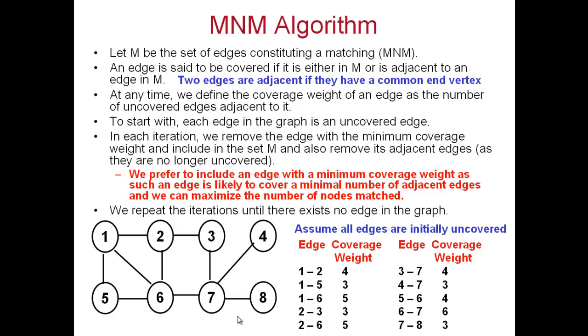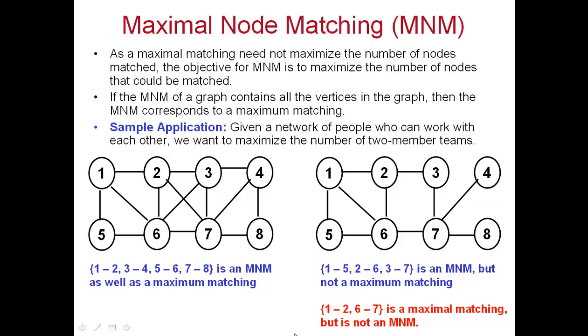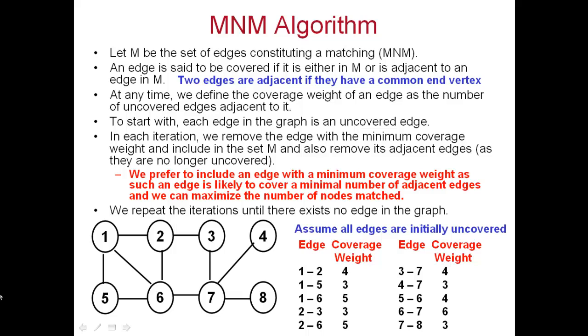Okay, so let us take the second graph here and work out the algorithm. So in order to do this, we want to go through an iterative process of picking or accumulating one edge at a time to the set of edges.